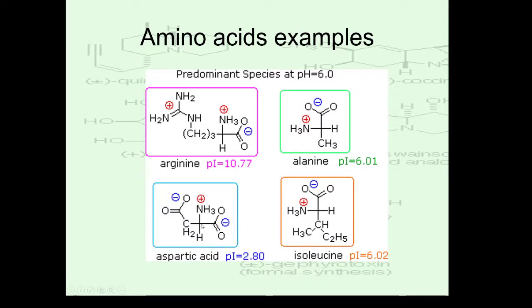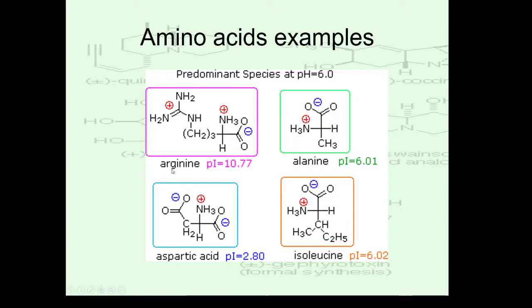Not only in some of these, and that's why we're showing these here, do we have to worry about the amine group that's always there and the carboxylic group that's always there, we also have to worry about the side chain. Now my side chain in alanine is just a hydrogen. My side chain in isoleucine is just carbon. So we're really just balancing the amine and the carboxylic acid out and getting them charged up.